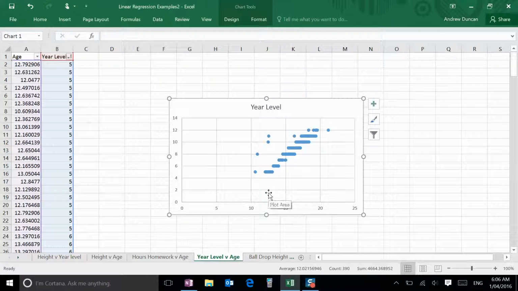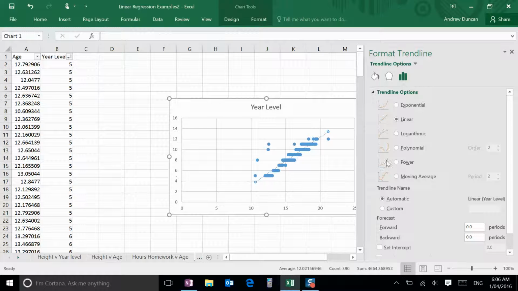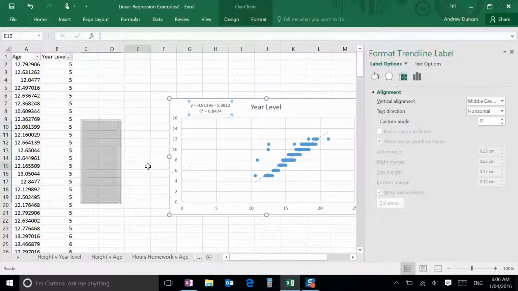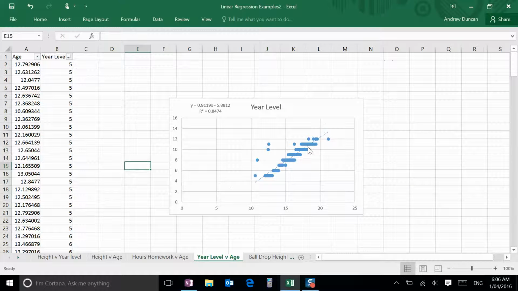Each year you get older, you should be going into another grade. I'll right click these, add my linear trend line, display both of these. So as my age increases, yeah, I'm going into a higher year level.